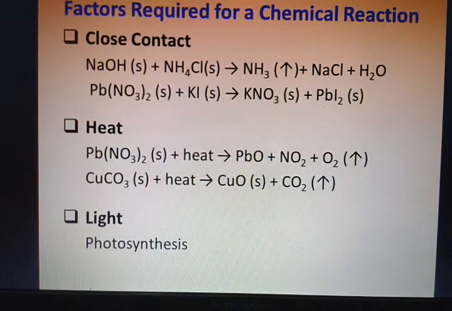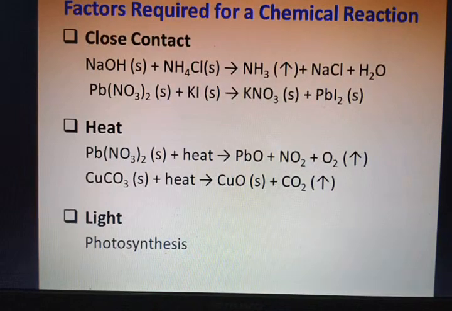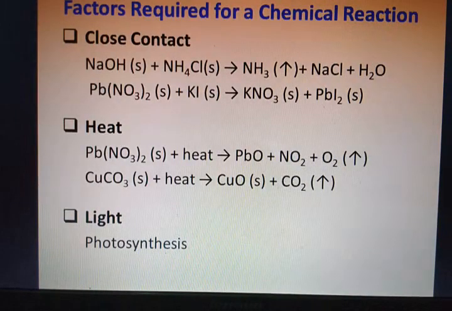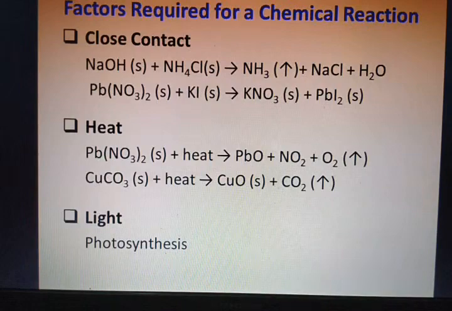So if we heat lead nitrate, what will happen? We will get lead oxide, nitrogen dioxide, and oxygen. Lead oxide, PbO, has the common name litharge, and its color is yellow. Nitrogen dioxide is a reddish brown gas.